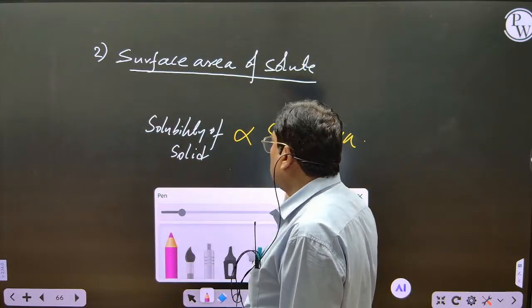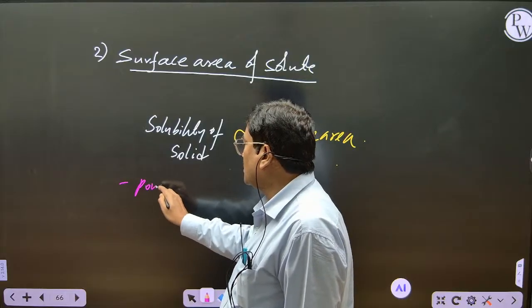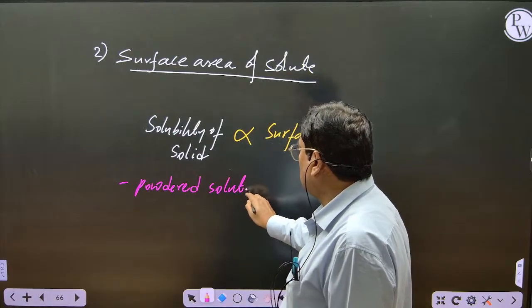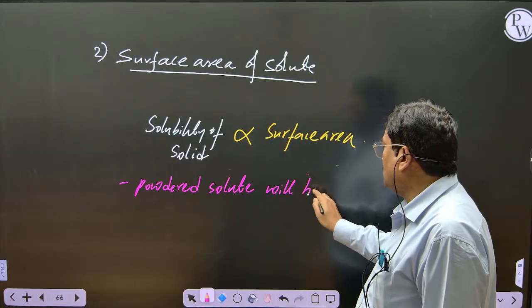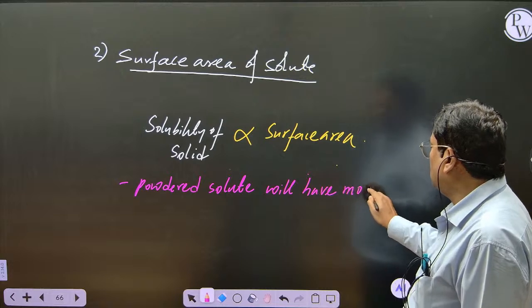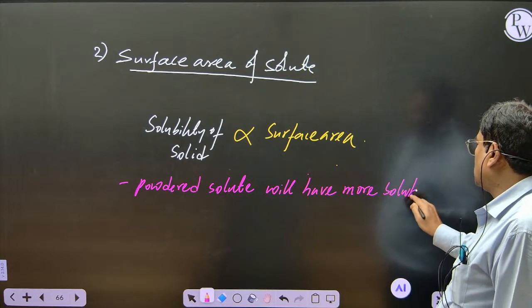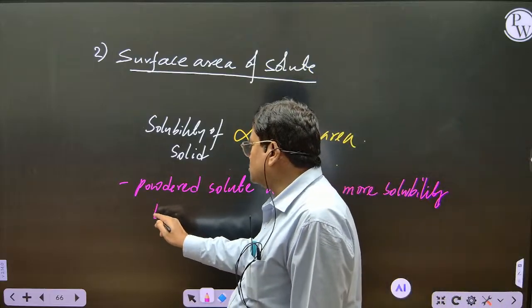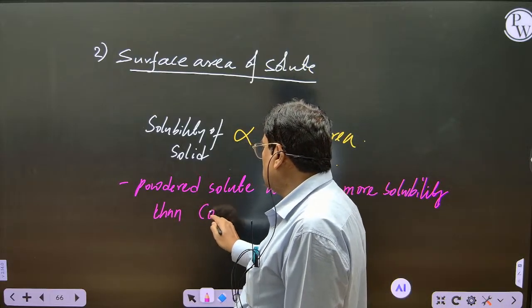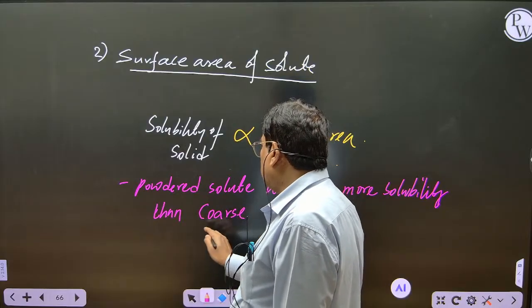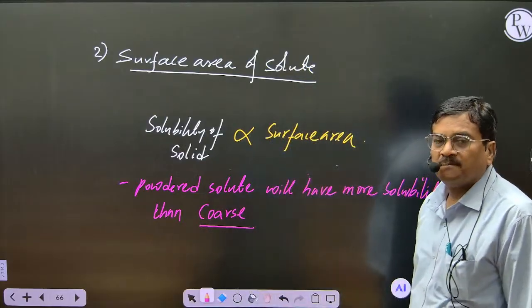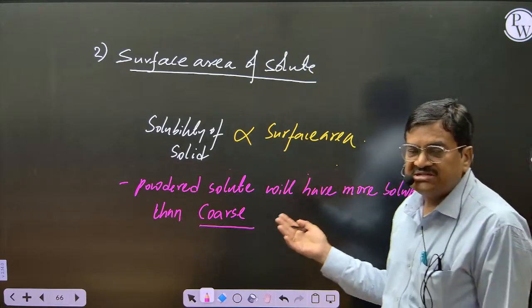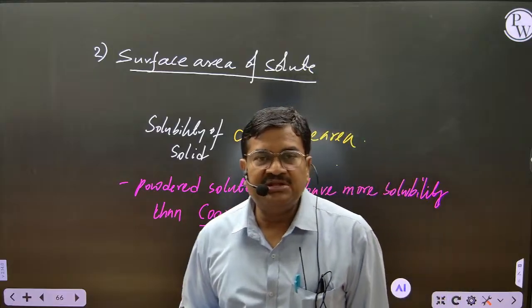So make a note here, powdered solute will have more solubility than coarse form. What is meant by coarse? The one that is not powdered. Clear student following? So simple, more is the surface area of the solute, more will be the solubility.